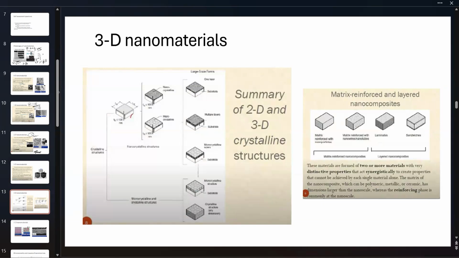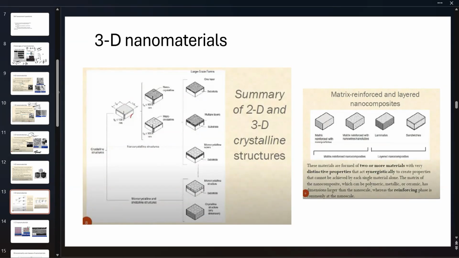There are some examples of 2D and 3D nanocrystals. There you have a substrate, and on top of it, a thin film. If the thin film thickness is less than 100 nanometers, you call it a nanofilm.